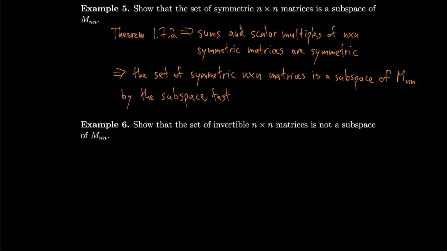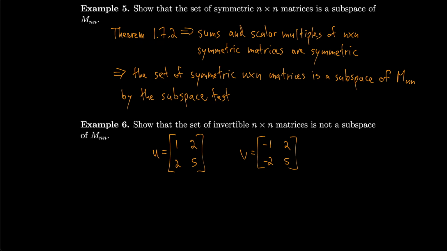How about we show that the set of invertible n by n matrices is not a subspace of M_nn. So we'll just take a vector u. In this case, that's a matrix. For example, we'll do 2 by 2. You can generalize this if you want. So I'll do it for [1, 2; 2, 5]. And I'll take another vector v. That'll be [-1, -2; 2, 5].